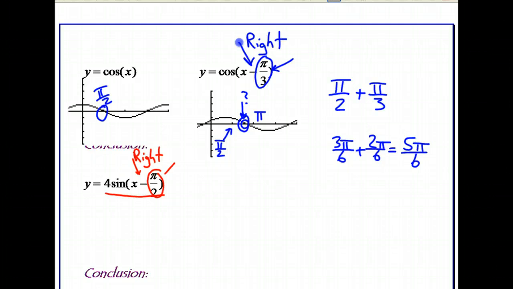Pi over 2 units. But wait a minute, we have one other thing as well. We have this 4 stuck in front of the sine. From section 4.1, we recall that that means that the amplitude is getting increased by a multiple of 4. So our original amplitude that goes from -1 to 1 will actually go from -4 to 4.